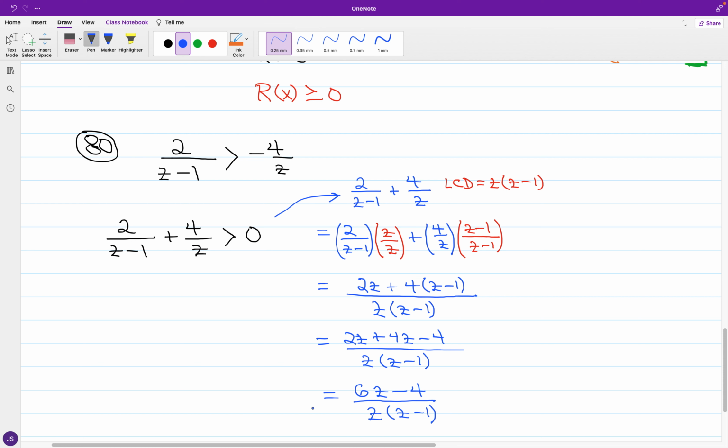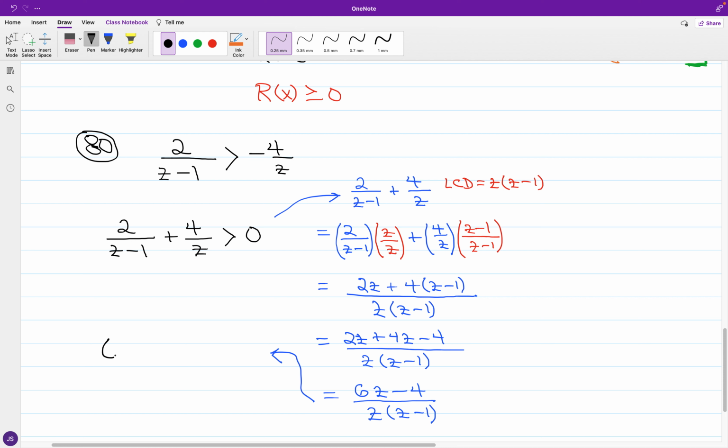So in the rewrite, establishing a comparison to 0 inequality, I added 4 over z, and then combining as a single ratio, that's going to establish the rational function we're going to build a table around.